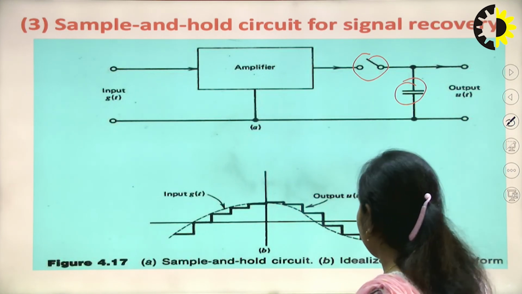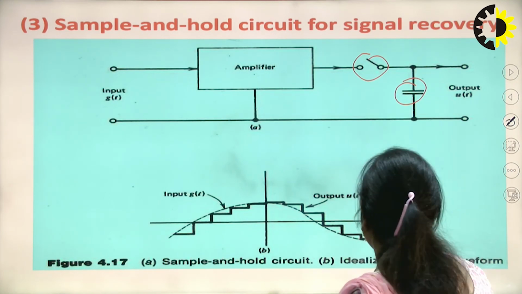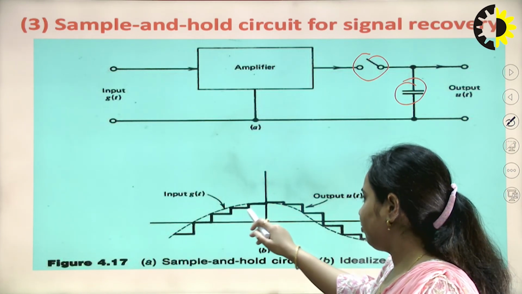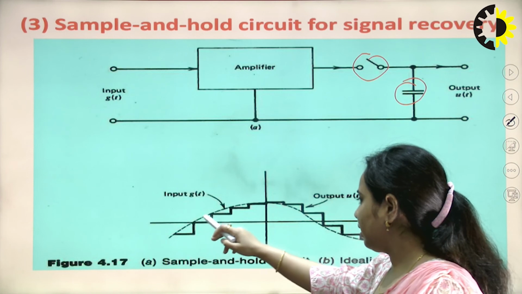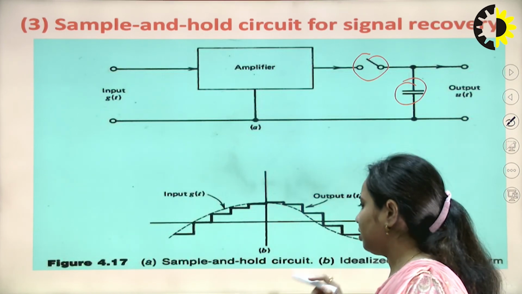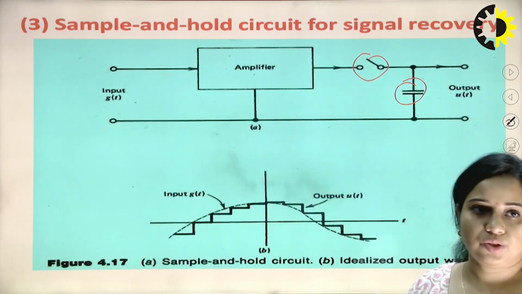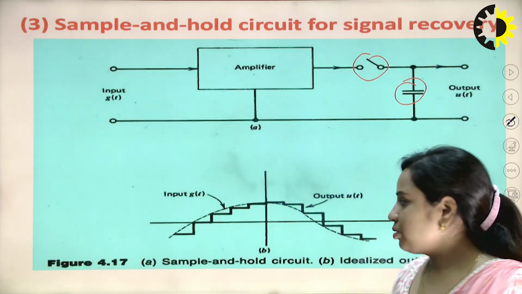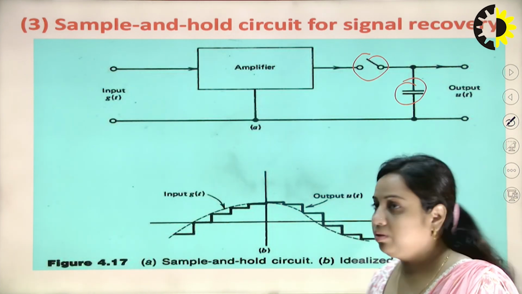So the sample and hold circuit is this one. This is the idealized output waveform. Now you can see that a staircase kind of waveform will be generated, and by connecting the starting edge of each pulse, we can generate the input signal, and this will be the output u(t).